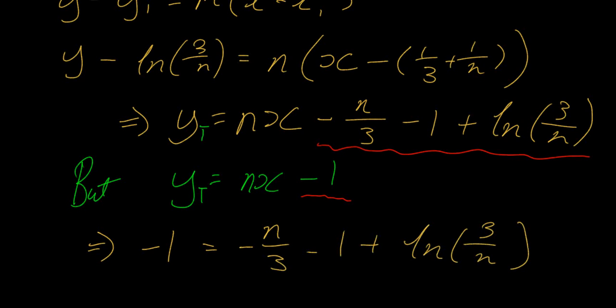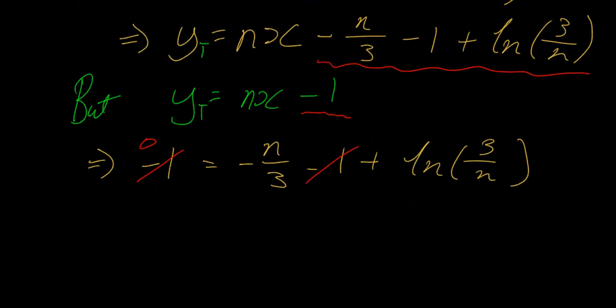It looks kind of complicated, but you can just cancel these two out. If you add 1 to both sides, these both turn into 0.